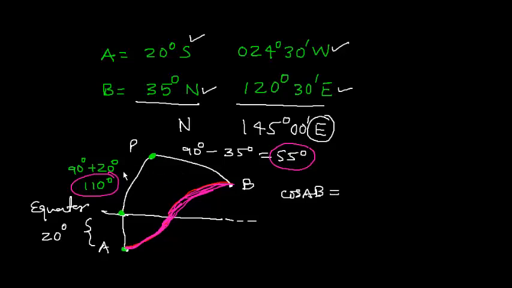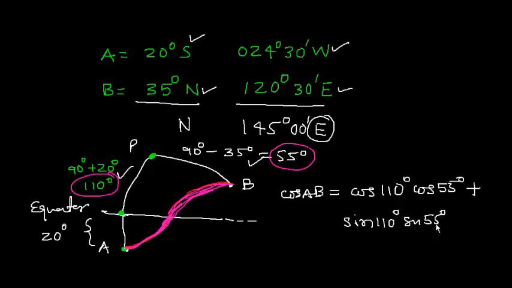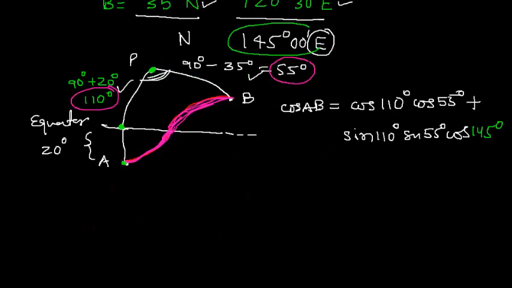Cosine of AB is cosine of the adjacent sides, that means cos of 110 and cos of 55, plus sine of 110 and sine of 55, and cos of this angle, which is P. Well, this is nothing but the D long, which is 145 degrees. So this is 145 degrees.